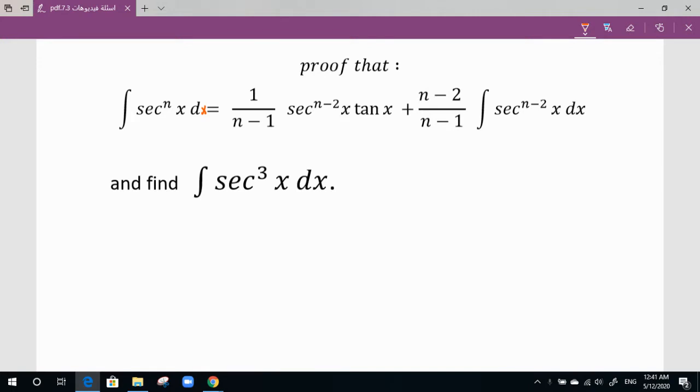After I prove this statement, I will use it to find the integral of secant cubed x dx.